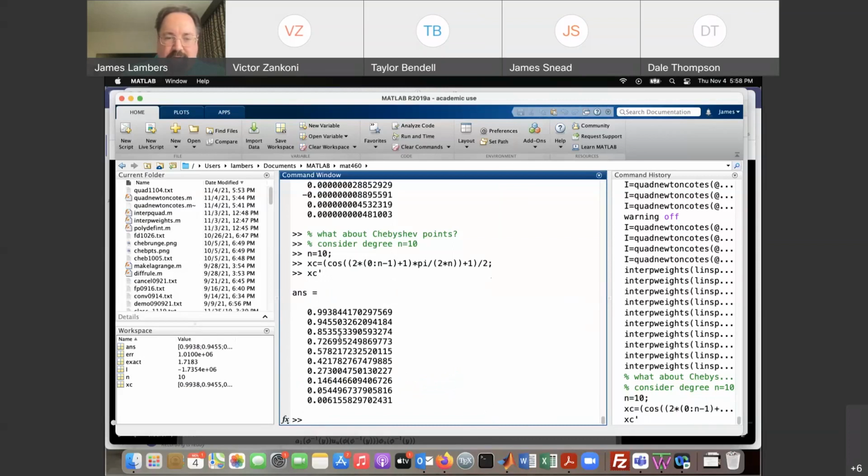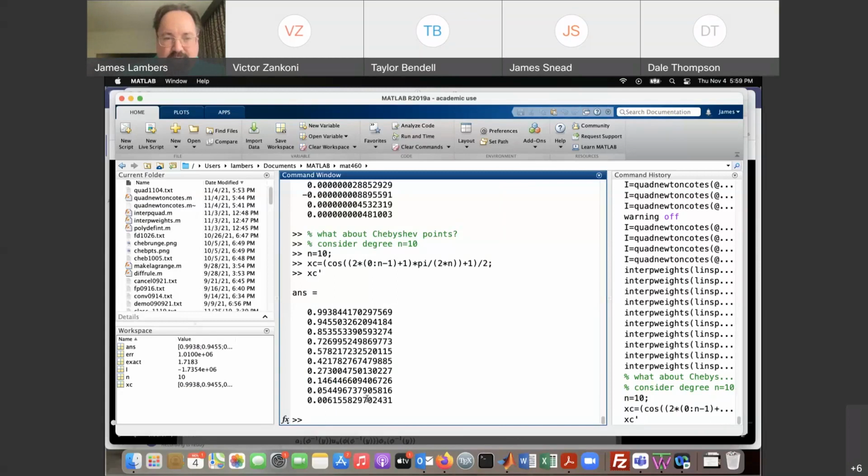They happen to be in reverse order, but the order of the nodes doesn't matter. And these are not equally spaced. Notice here they're roughly 0.15 apart, but here the spacing is much less, and that's what we know about Chebyshev points: they are clustered near the boundaries.